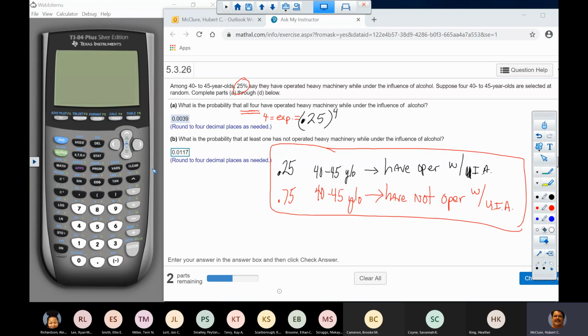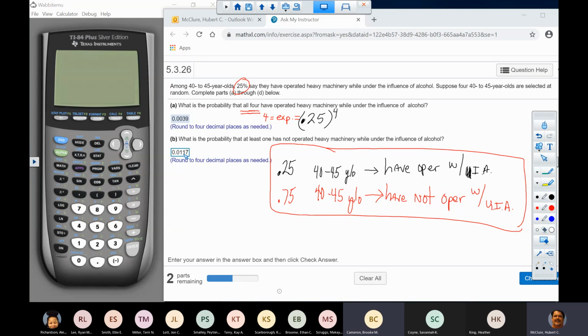It ain't going to be that. So somebody tell me what 0.25 raised to the fourth power is. That's correct. The actual answer is 0.0039, is that correct? Yeah.